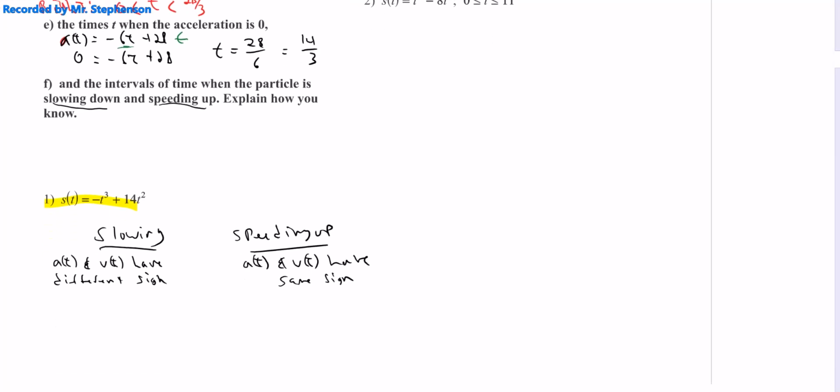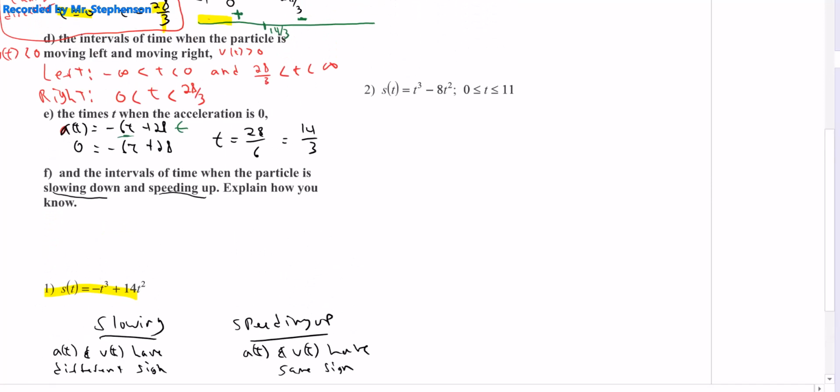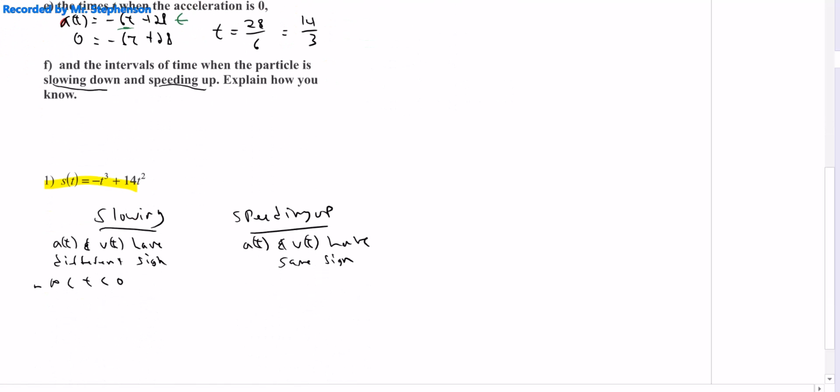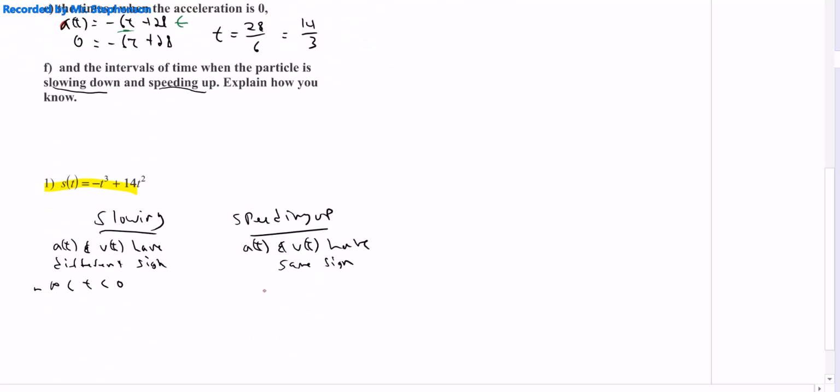So I would say that it was slowing down from negative infinity to 0. Okay, and then we keep going from 0 until 14/3. The acceleration is positive and the velocity is positive. So here I'd say from 0 to 14/3.